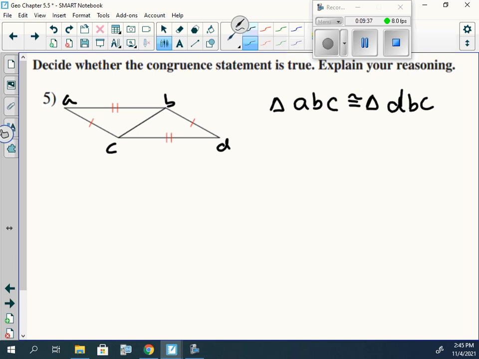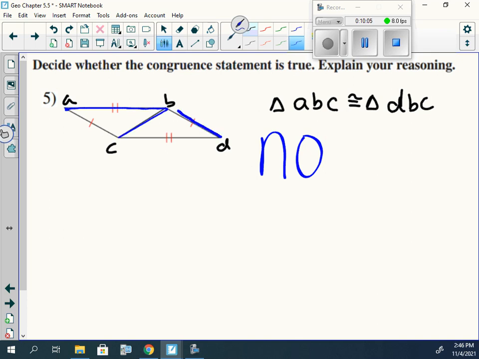So, decide whether the congruency statement is true. Explain your reasoning. So can we say these 2 triangles are congruent? Exactly, it is no. Let's look at the statement. So what does the congruency statement say? Triangle ABC is congruent to DBC.